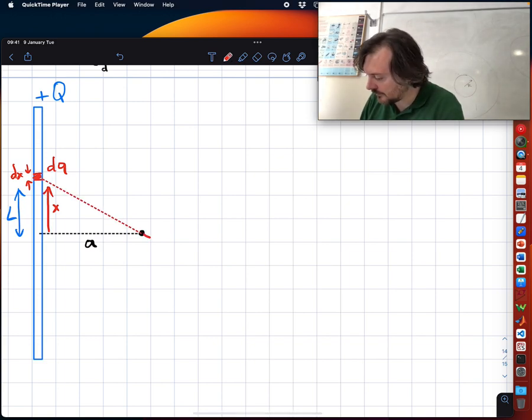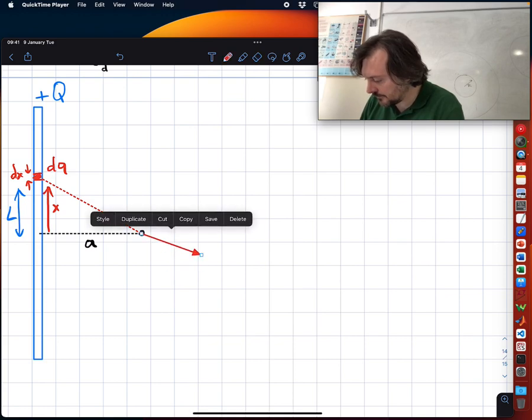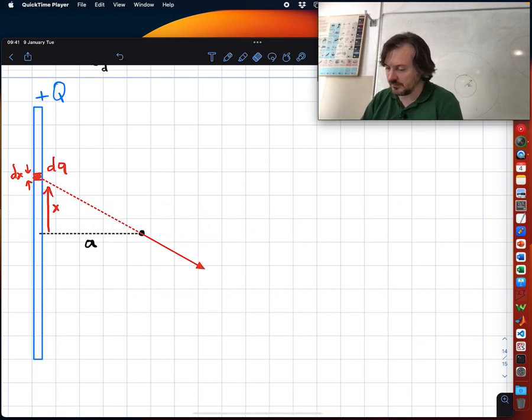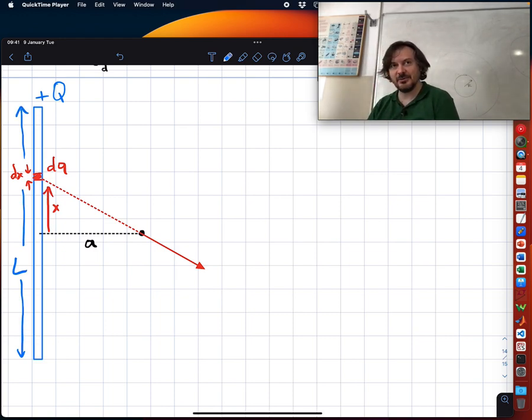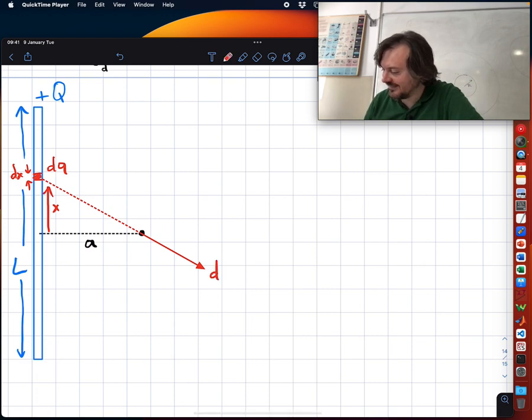Let me use the arrow. L is the total length, so let me fix that. Did I fix it or did I make it worse? Okay. dE.